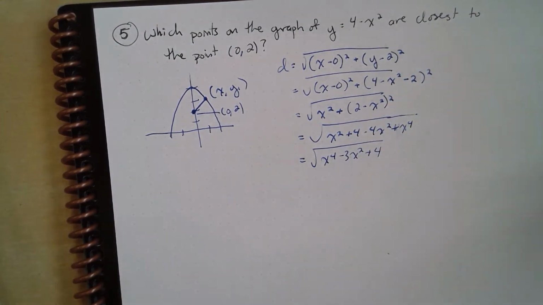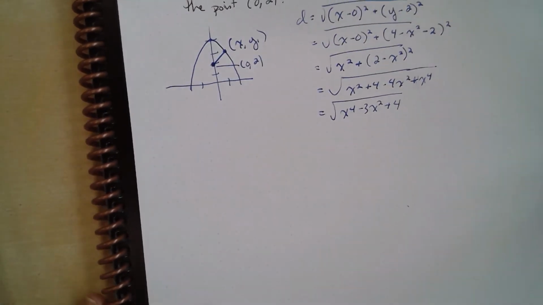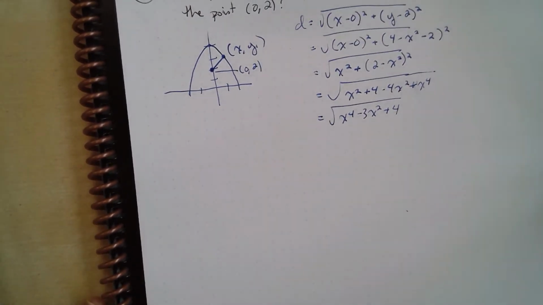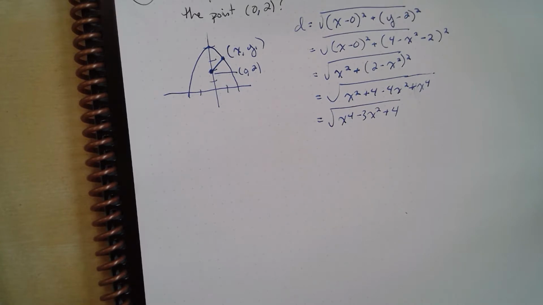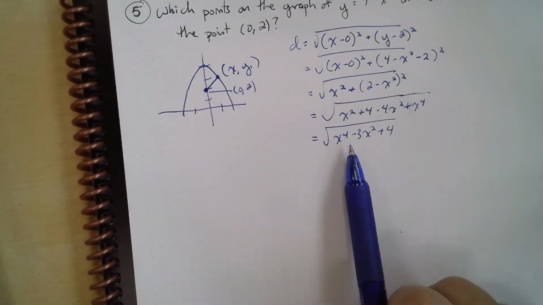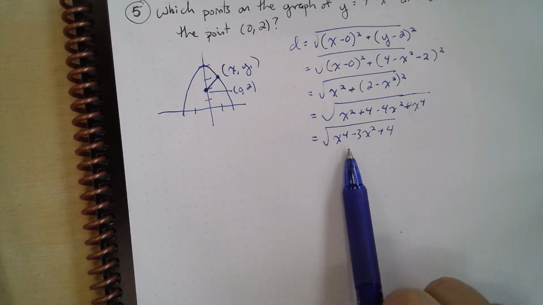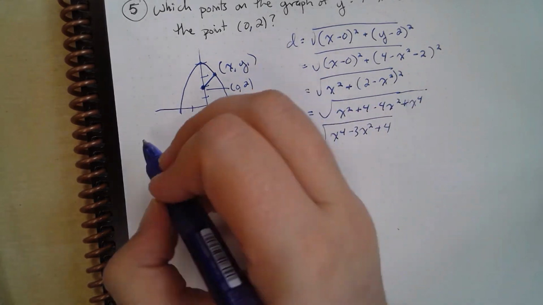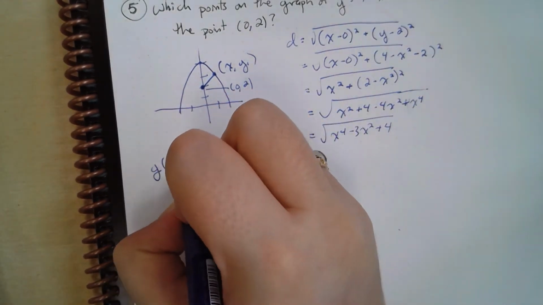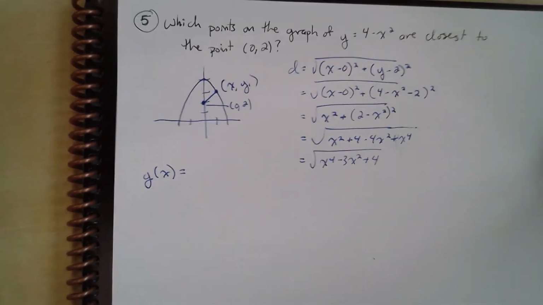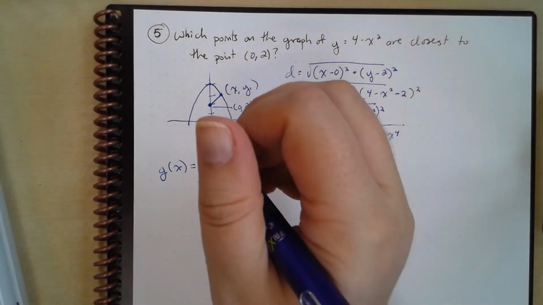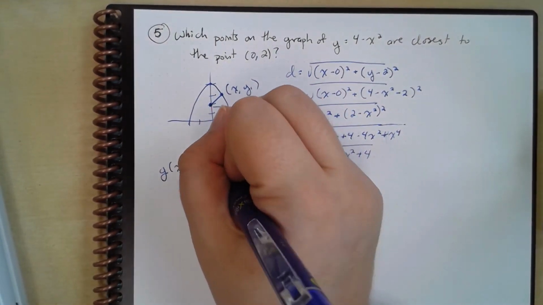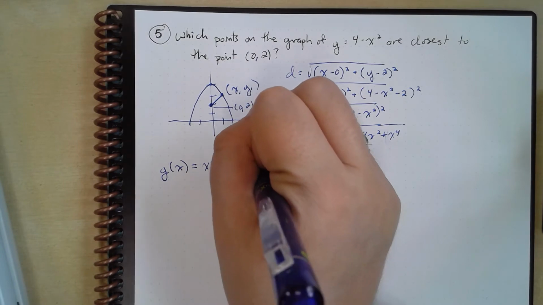So now g of x, that's going to be what's under the radicand, because we can use what's underneath the radical for finding the smallest critical value. So I'm going to call this value just g of x. So g of x is equal to, can you see all this okay? g of x is equal to x to the 4th minus 3x squared plus 4.